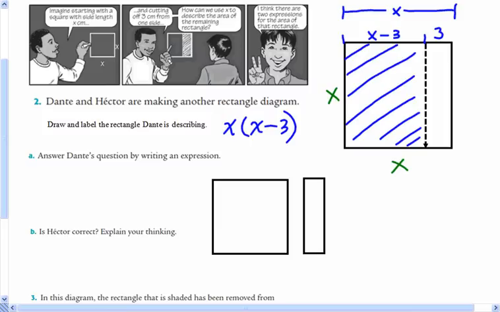I'm going to put a minus sign in between because we subtracted that. The dimensions of the piece we subtracted are 3 and x. The dimensions of the piece we started with are x and x. The area of the square is just x squared, and the area of the piece that we're subtracting off is 3x. So we can write an expression as x squared minus 3x.